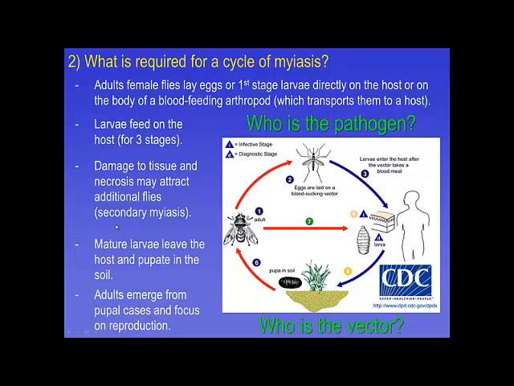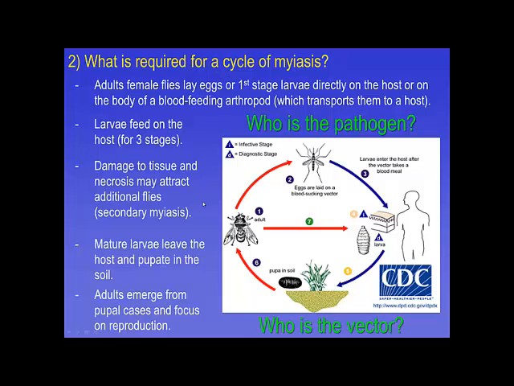Now once the larvae mature and fully develop on the host, they will fall off of the host and then pupate, usually in the soil. And then once these adult flies emerge from the pupal cases, they will often focus primarily on reproduction. So they've acquired all the protein they need from when they were in the larval stage feeding on the animal tissue. So when they become adults, they can just focus on reproduction.